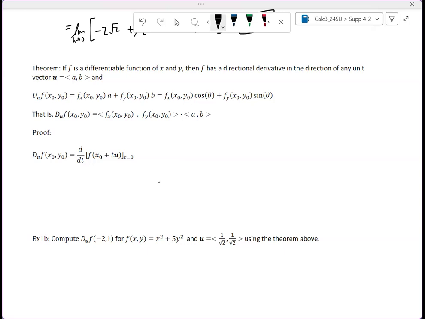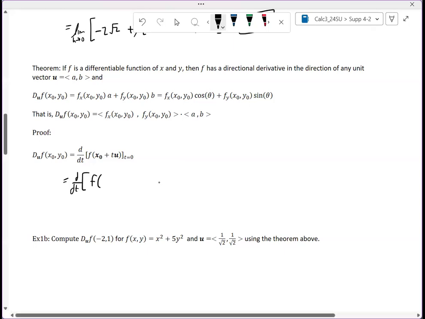Okay, so let's calculate out what this actually is. Well, we can say a little more explicitly, this is the scalar x naught plus t times a in the first component, and the scalar y naught plus t times b in the second component. That's what x naught plus tu is as a vector.